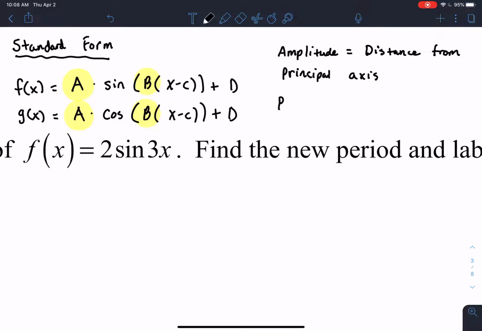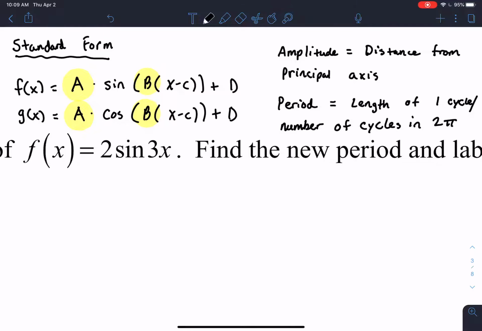And then the period is the length of one cycle. It's also the number of cycles that you have in 2 pi. So number of cycles in 2 pi, okay?